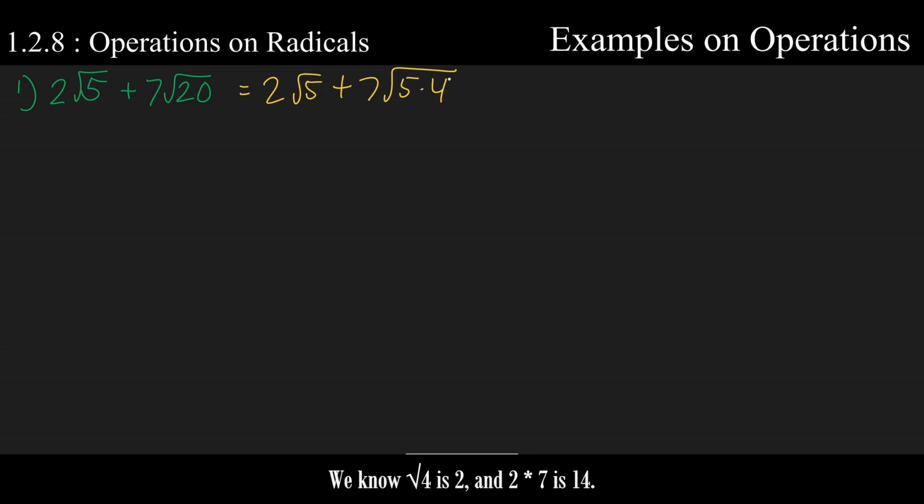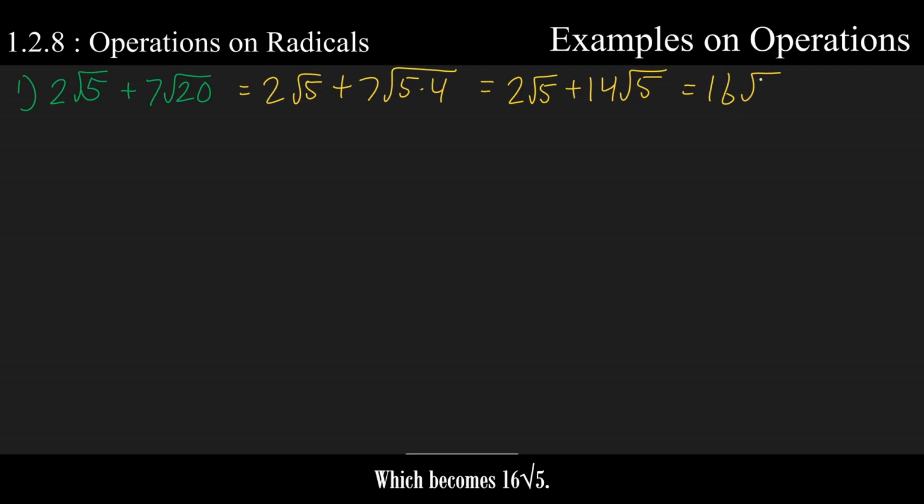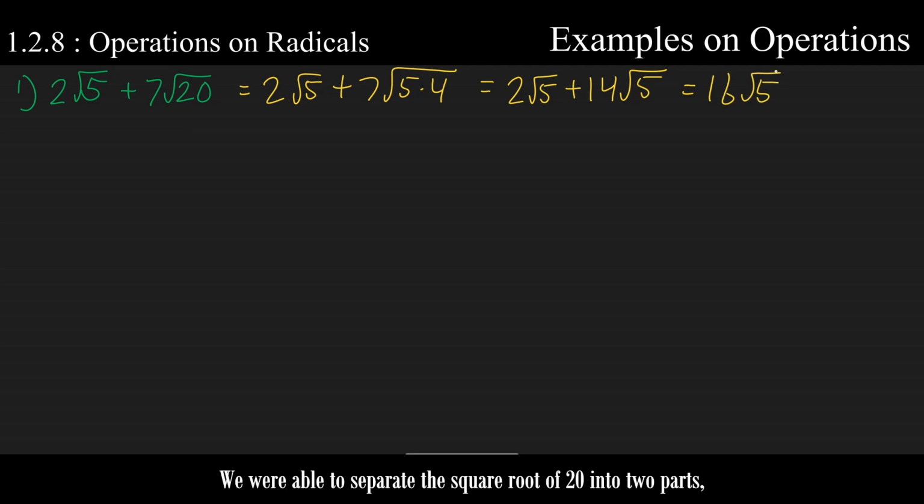We know the square root of 4 is 2, and 2 times 7 is 14. So this simplifies to 2 times the square root of 5 plus 14 square root of 5, which becomes 16 square root of 5. We were able to separate the square root of 20 into two parts, one that can be combined with the first term, and the second that was a perfect square.